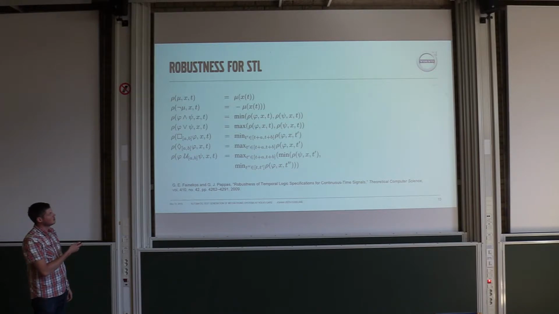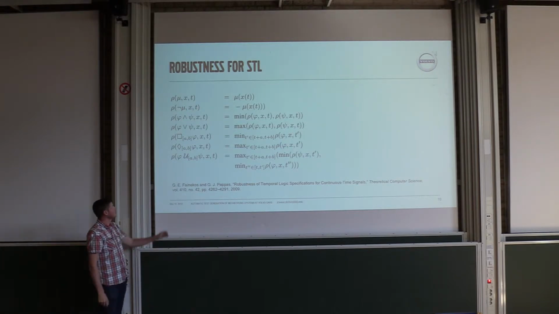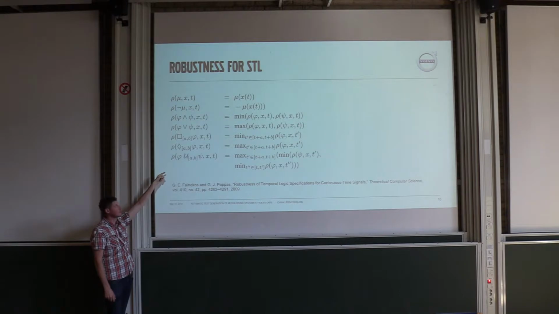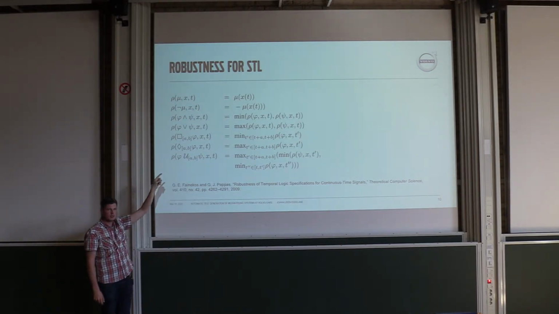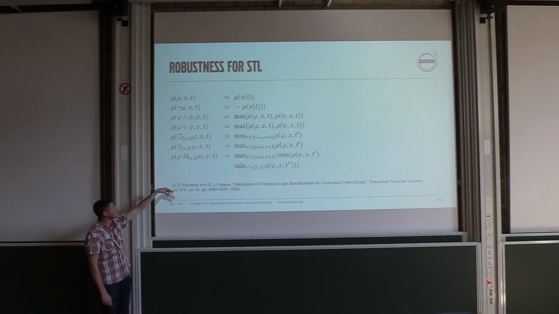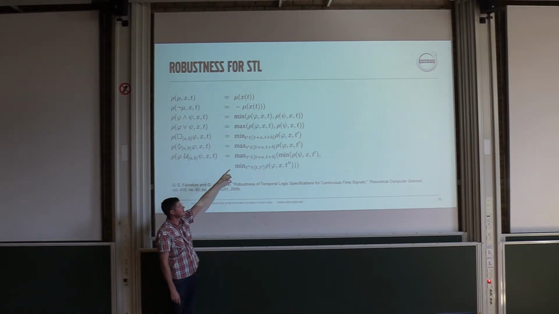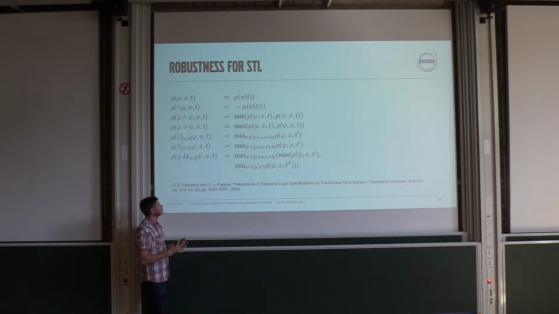I'm not going to go through all the details here, but one thing that you can notice is that the robustness, which we call rho here, is defined for each operator in STL. If you look at the robustness for always, which is what we looked at in the previous example, where we have an always specification, then the robustness value is the minimum over a time interval of the inner specification.